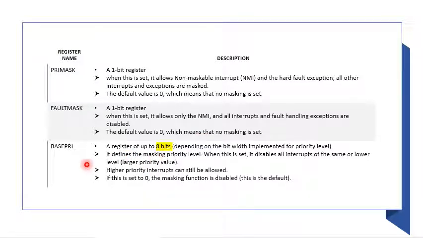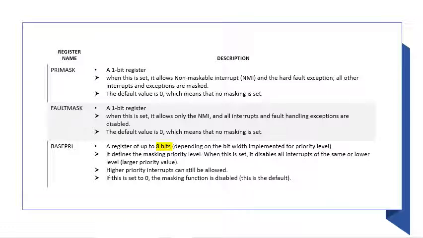The BASEPRI register can be up to 8 bits, depending on the design and requirement. I will come back to this point. What is its purpose? Whenever it is set, it can disable all interrupts of the same or lower priority, so higher priority interrupts can still be allowed. If it is 0, the masking function is not active.